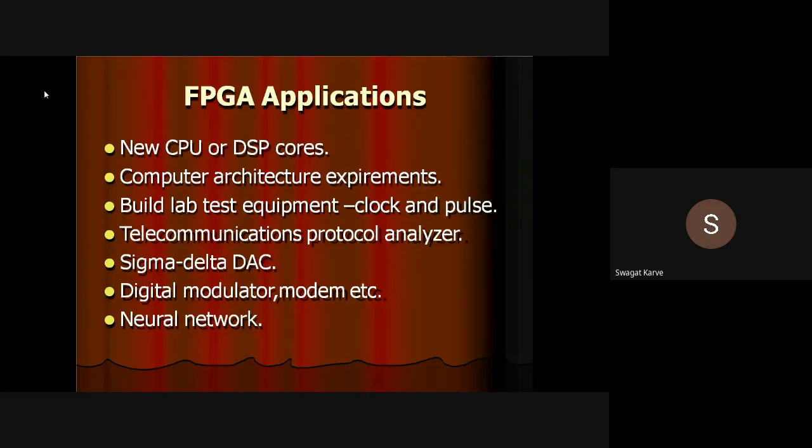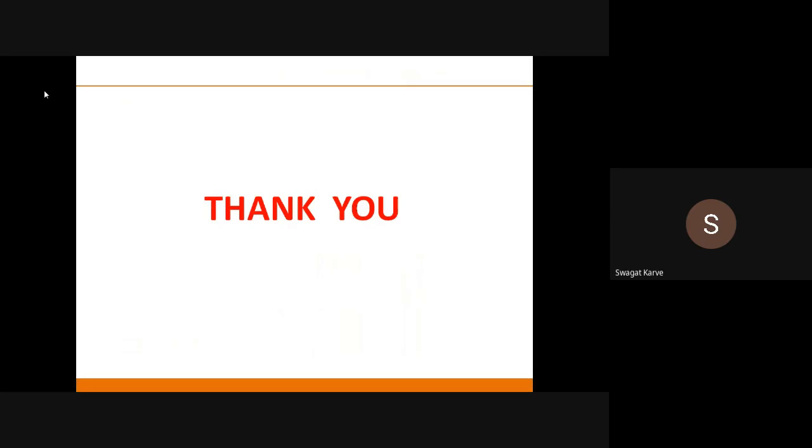Understood? So these are the application areas of FPGA. Okay, so here we have finished unit number 6, that is architecture of commercial devices. I have already shared the PPTs with you on your group, and I guess the last unit PPT also I have shared.